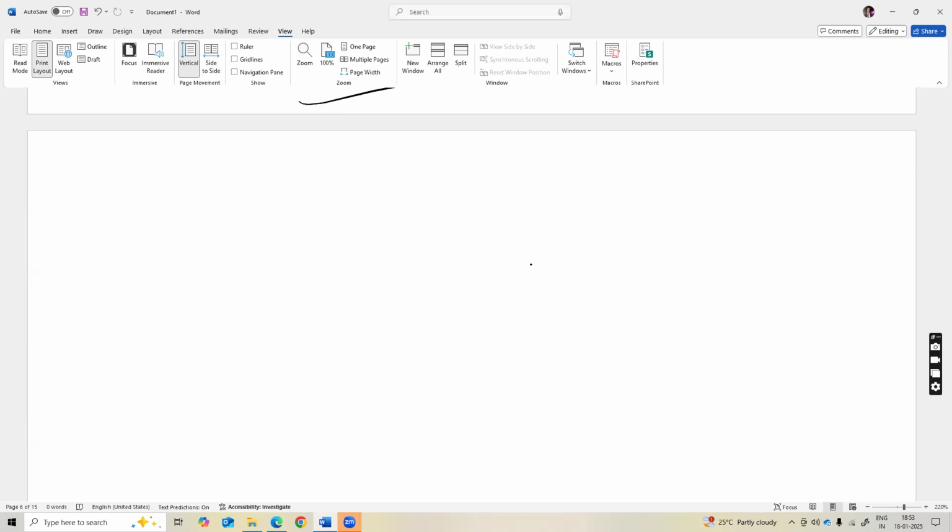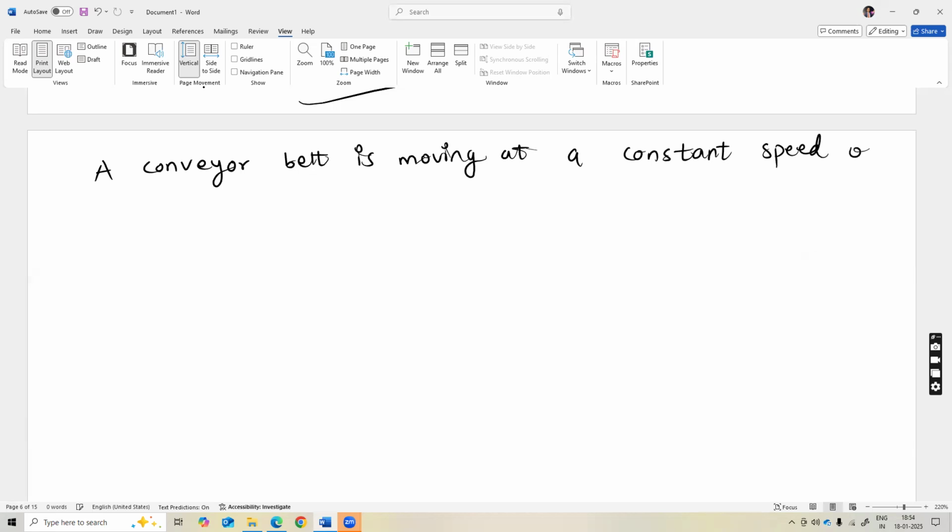So we'll see the next question. A conveyor belt is moving at a constant speed of 2 meters per second. A box is gently dropped on it.